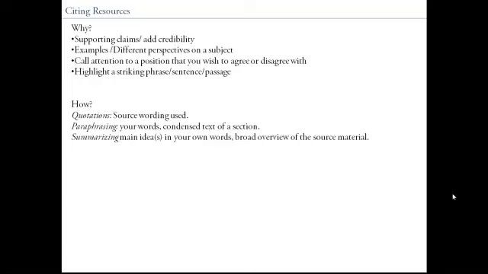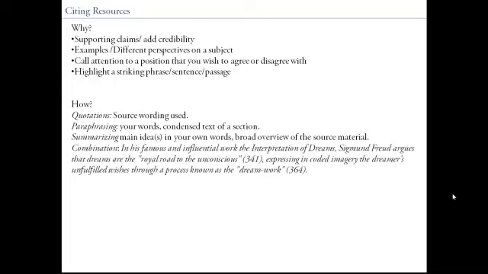You could follow summary with paraphrase if you want to, when you're making a point and using an example from your original resource to support it. But always remember, paraphrase condenses a specific section. Summary gives you the main idea of your whole paper. Sometimes you can also use a combination. This is an example where the author is quoting from the book Interpretation of Dreams by Freud.